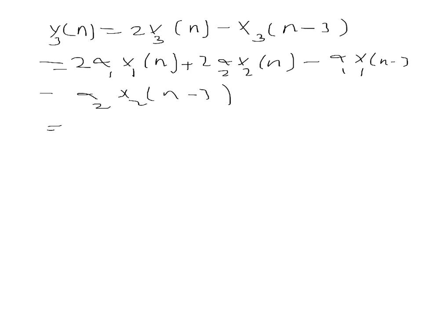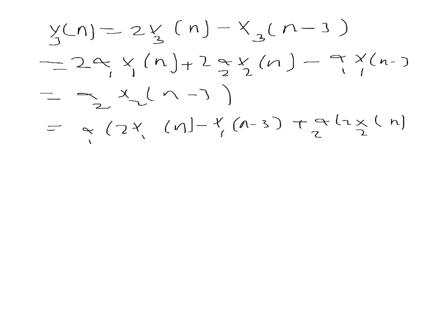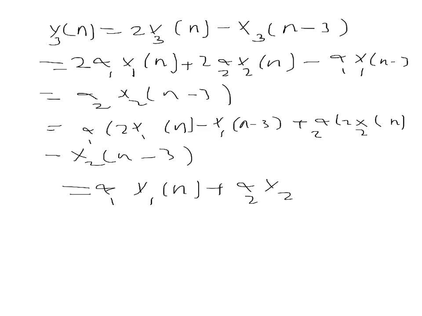That gives us alpha 1, take common factor, 2x1 of n minus x1 of n minus 3, plus alpha 2 times 2x2 of n minus x2 of n minus 3, and that gives us finally alpha 1 y1 of n plus alpha 2 y2 of n.